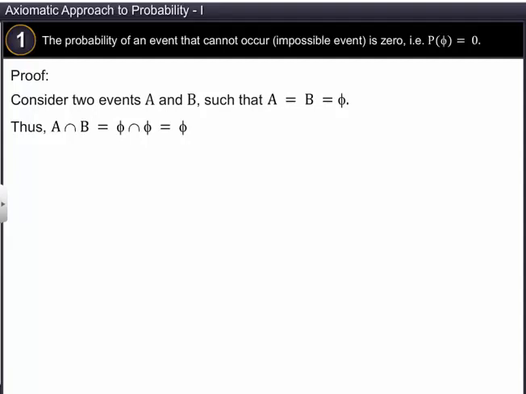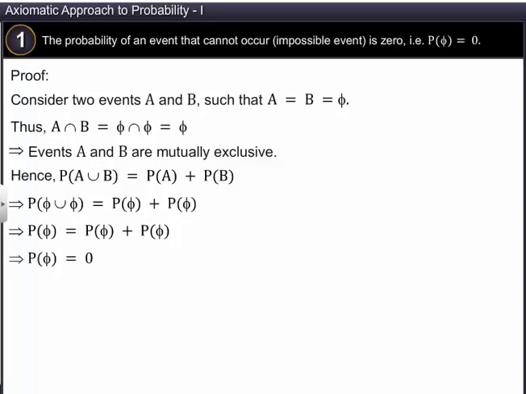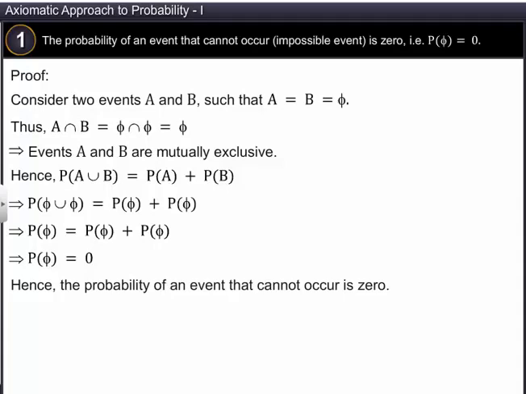This implies that events A and B are mutually exclusive. Hence, P of A union B is equal to P of A plus P of B. This implies P of phi union phi is equal to P of phi plus P of phi. On simplification, we get P of phi is equal to 0. Hence, the probability of an event that cannot occur is 0.